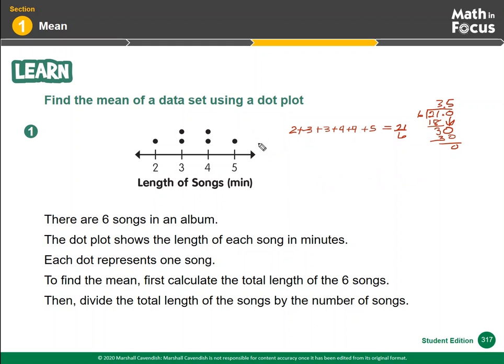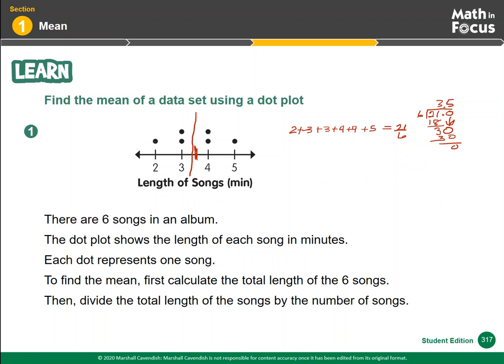Now, we could actually figure that out just by looking at this, because look, we've got 1, 2, 2, and 1. If we just went right down the middle, we've got 3 on this side and 3 on this side, right in the middle. That's going to be your average, 3.5. I'm just saying there are other ways to look at this, if you're paying attention.